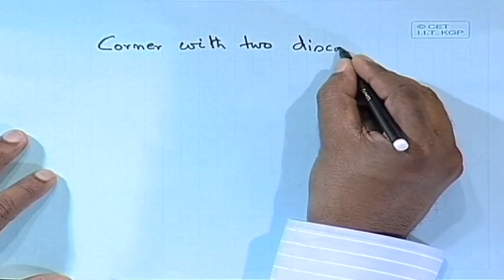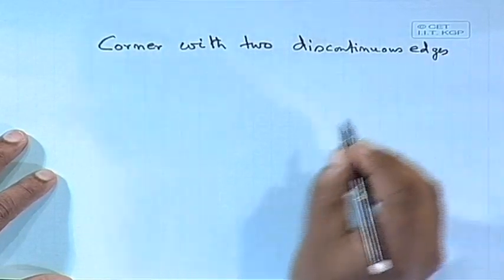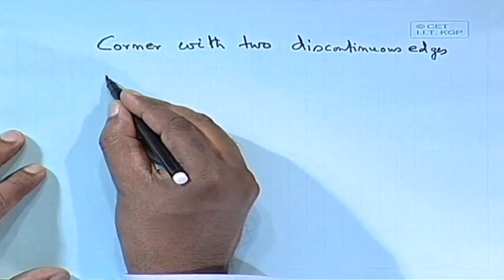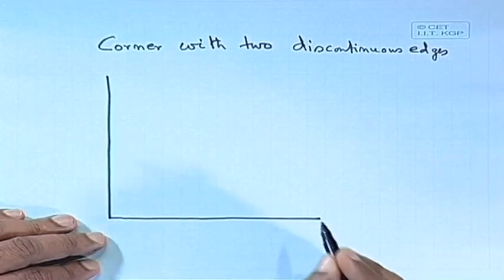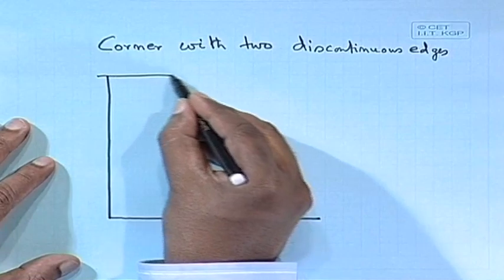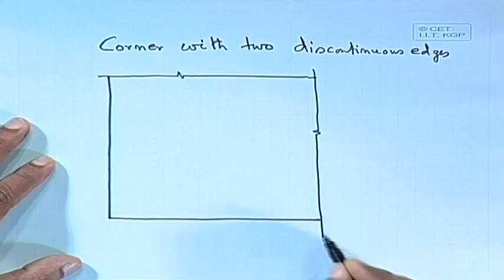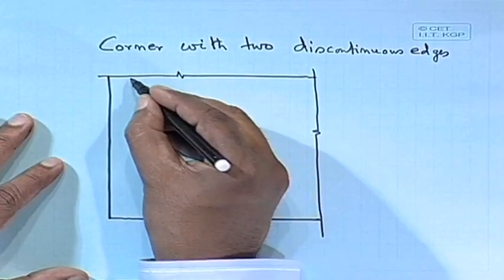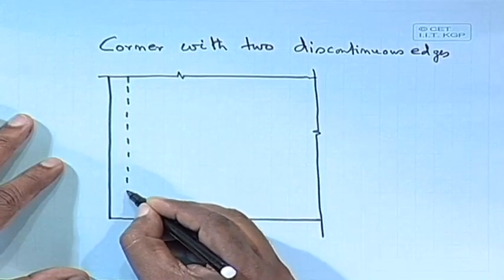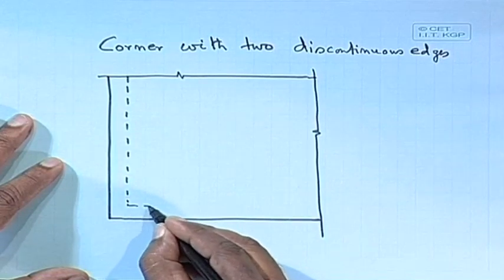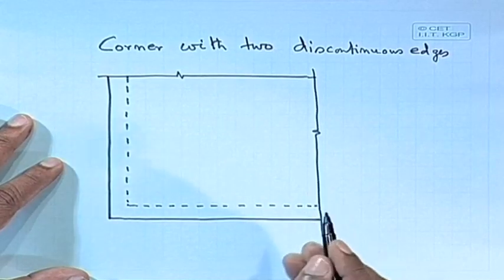Corner with two discontinuous edges. So, this is a corner of a slab. Let us provide the supports, dotted. Okay.